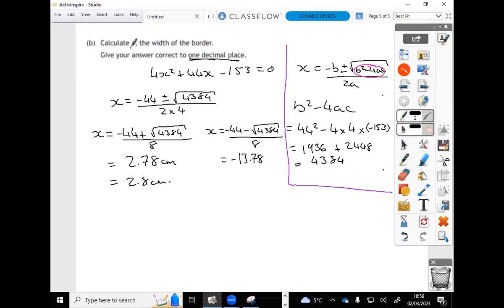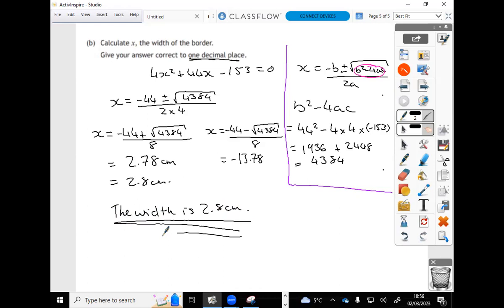So be certain, and write the width as 2.8 centimeters. Because it asks you specifically what the width is, you're going to get two answers here. They don't know which one you mean unless you make it really clear.